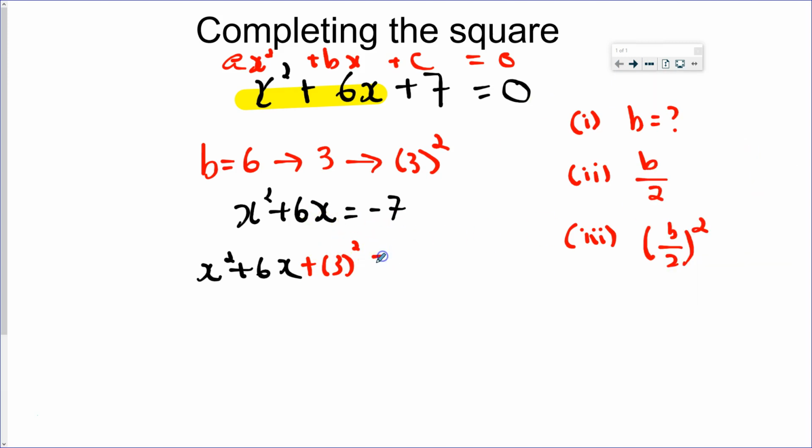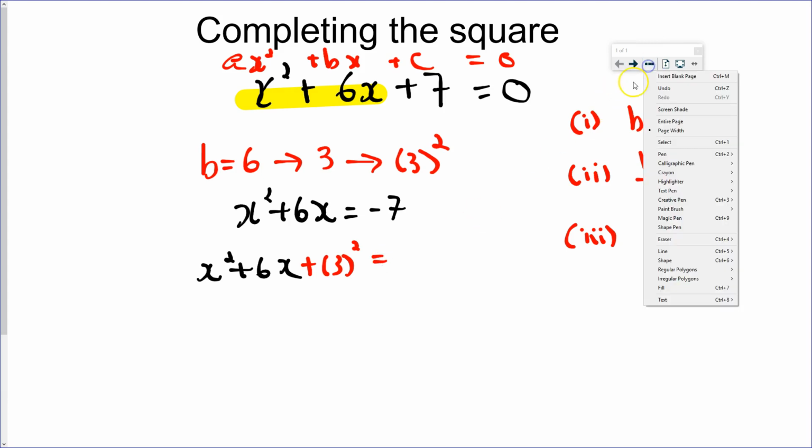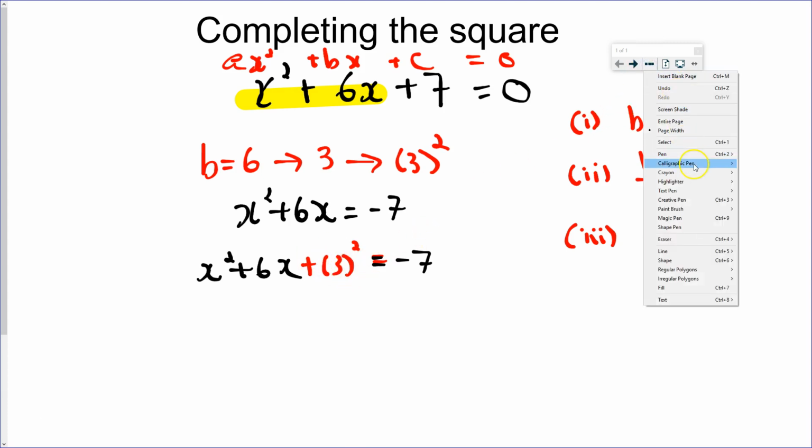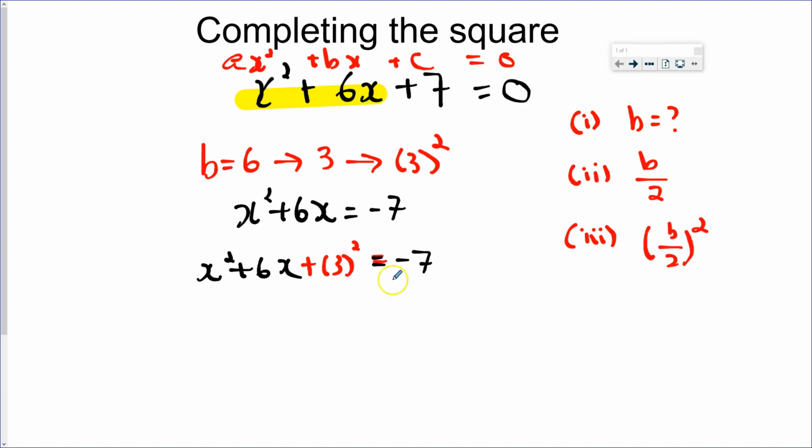After adding that, I have equal, why is it red? It should be this color. Sorry. So it should be -7. I'm just copying that. Now, in class, I really stress this point. Whenever you add something to your equation, you have to add it to the other side.